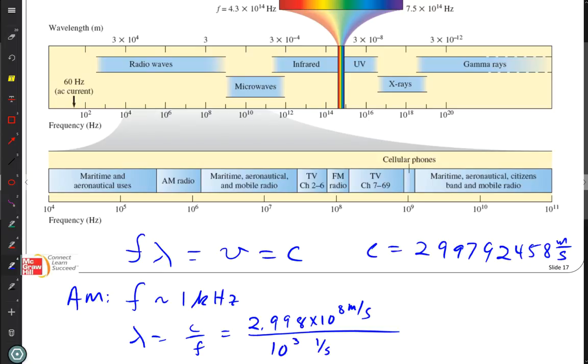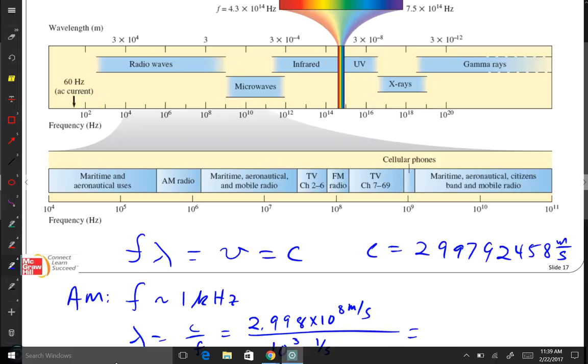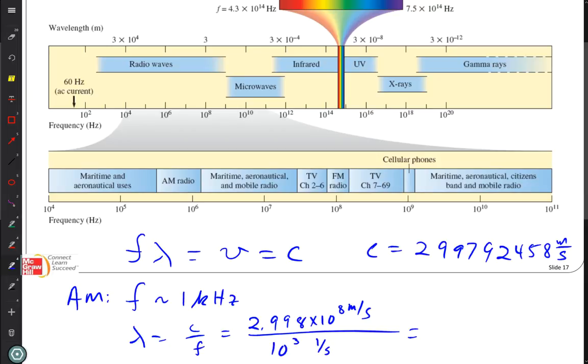We see that that's going to have units of meters, and that would be about, okay, where did I make a mistake here? That doesn't make sense. Kilohertz though, right? Because I swear it comes out to be about a meter, and that's not about a meter. Or about a kilometer, still not. That's roughly 3 times 10 to the 5 meters, equals 300 kilometers.